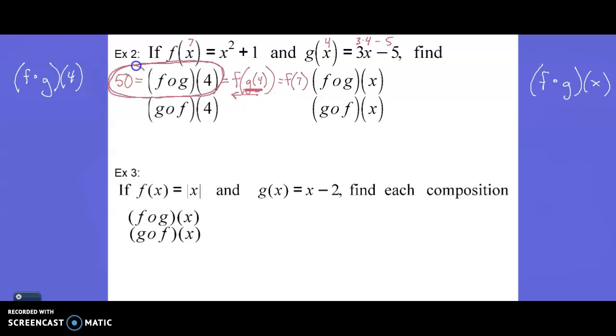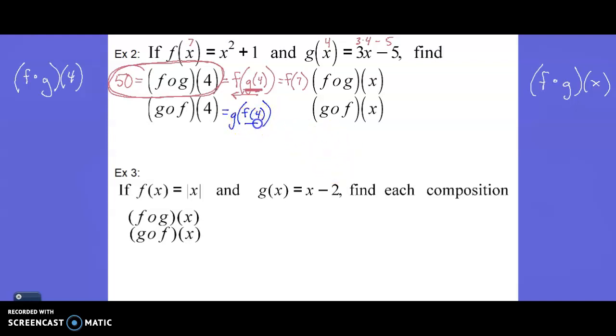So you might be thinking, well, addition and multiplication is commutative, so does the order really matter? And that answer is yes, absolutely. So again, this is read as g of f of 4. And so sometimes you'll see it written like this, g of f of 4. Be familiar with both, because you never know, I might switch it up on the test.